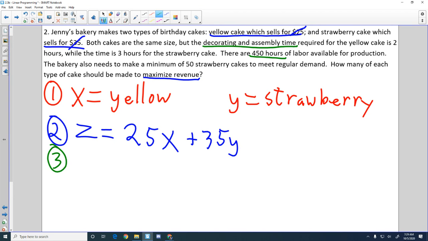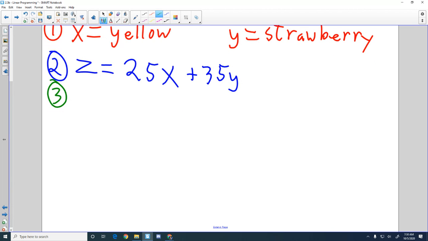So I'm going to make my first constraint saying, all right, yellow cake takes 2 hours. So I would write that as 2x, because it's going to take me 2 hours for every yellow cake. Plus it takes me 3 hours for every strawberry cake, so 3y, right?